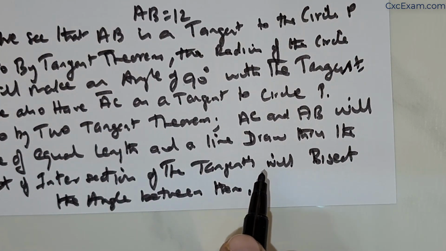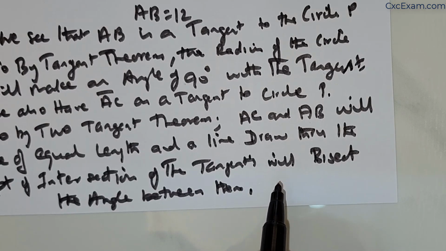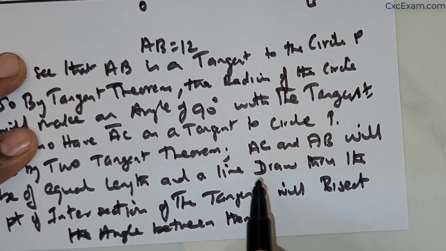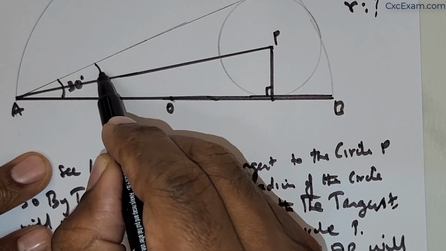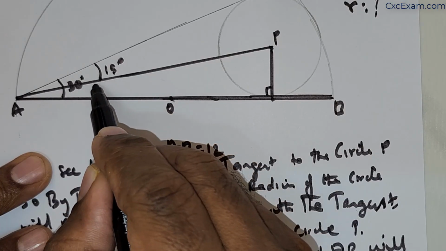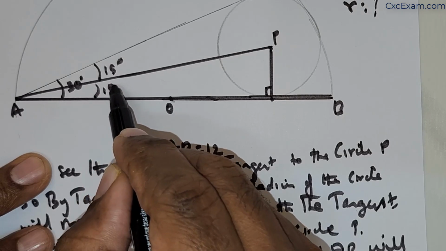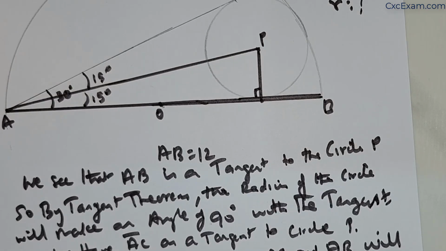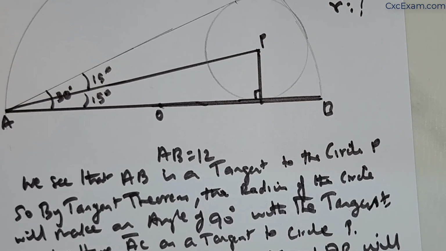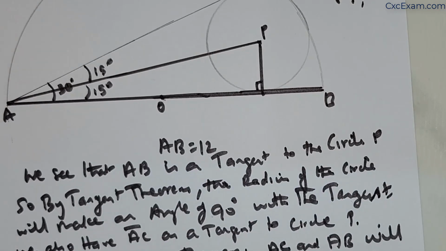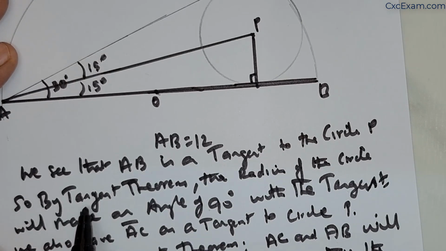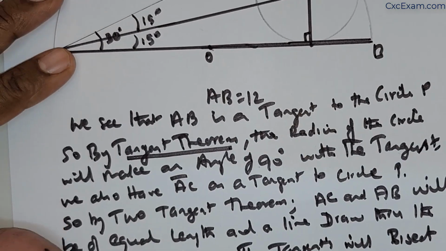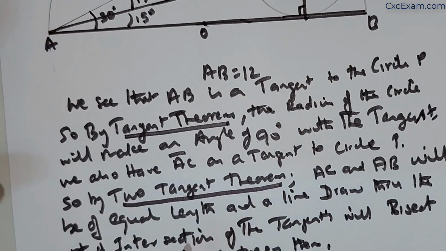It will bisect, so that would mean this 30 will have 15 degrees here and 15 degrees here. That is critical. Now we have to use one more theorem. So let me highlight the theorems we are using. This is one theorem, the tangent theorem, and this is the next one, the two tangent theorem.